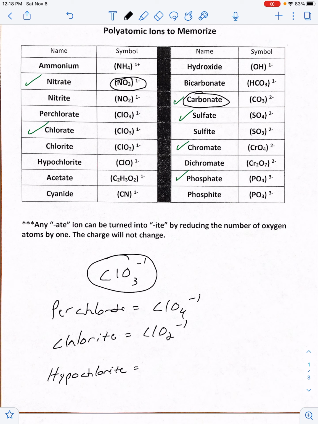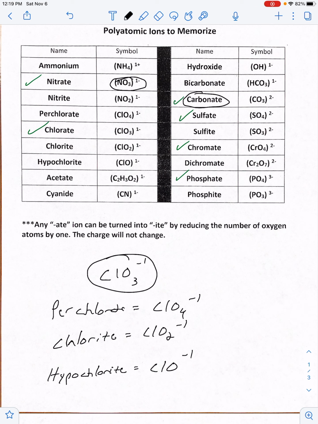That means you take away 2 oxygens. The way I remember that is there's a term, if you don't know, it's called hypoglycemia. It means low blood sugar. So that means you're just getting too low. So when you add hypo, that means you're too low, so you took away 2 oxygens. So that becomes ClO. There's only 1 oxygen now, and it's still a -1 charge.